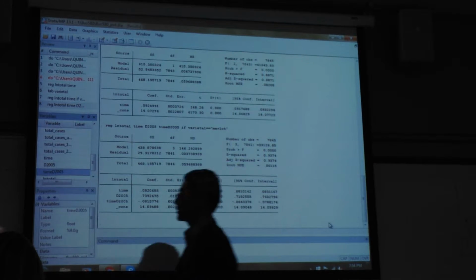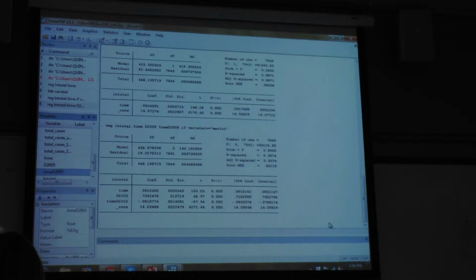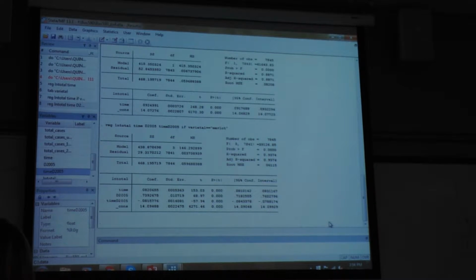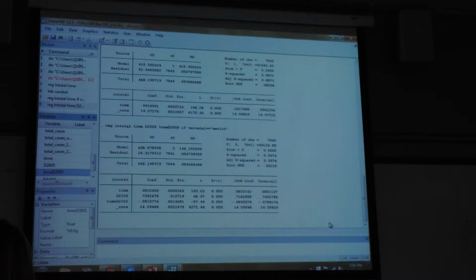Remember, we're not looking at a positive event, we're actually looking at a negative event. Does a positive dummy coefficient make sense? You got a 50-50 chance.